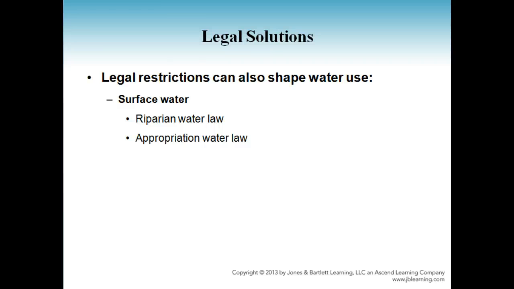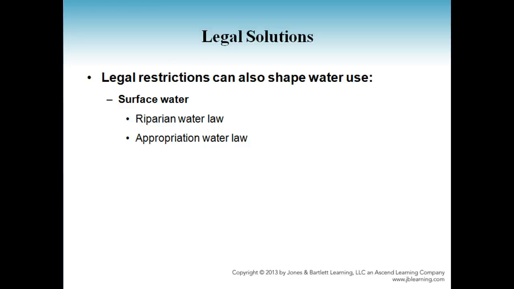Because all of these issues are society issues, you can also attach legal motivations or restrictions on water use. Legal restrictions shape water use, but they're often less effective than non-legal ones. Some of the more common ones are laws that govern the use of river waterways, and that's called riparian water law.